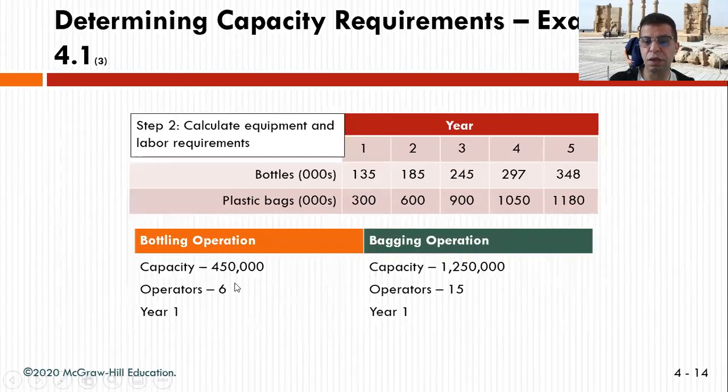So it's clear now that in the first year we need 135,000 bottles to be produced, and we need 300,000 plastic bags. So for the capacity, the bottling operation operates with 6 operators in year 1, and the bagging operation operates with 15 operators in year 1.